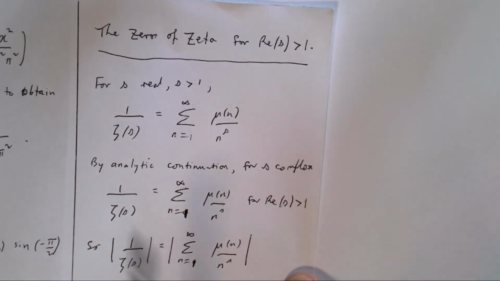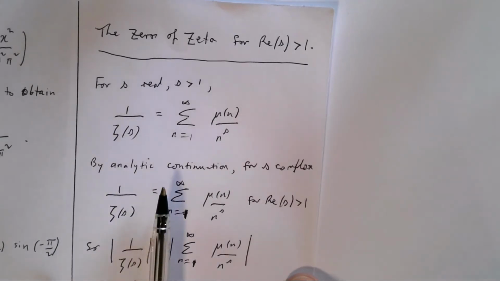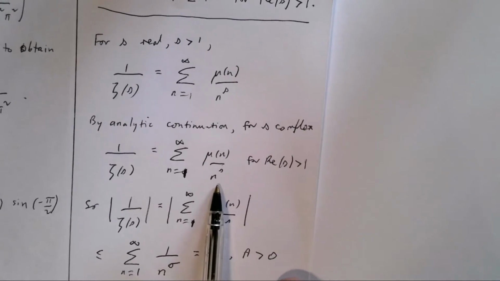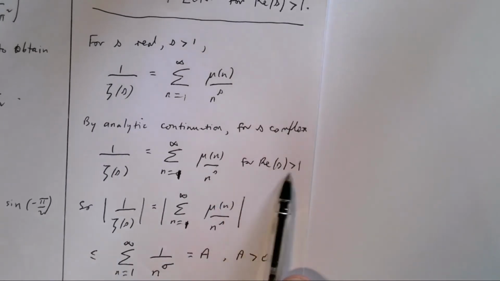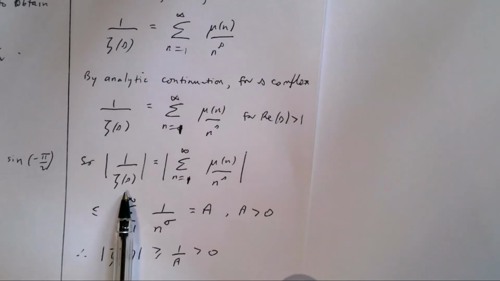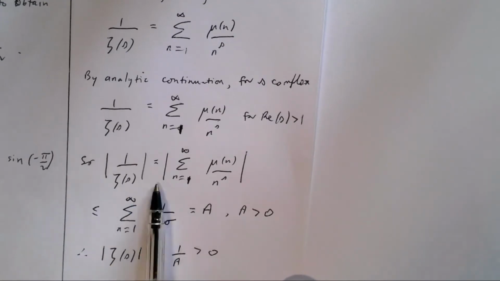Now by analytic continuation for s complex, we can also write this same formula down, and this will be valid for the real part of s bigger than 1, where everything will converge. I can take the modulus of both sides, so that's the modulus of this sum.